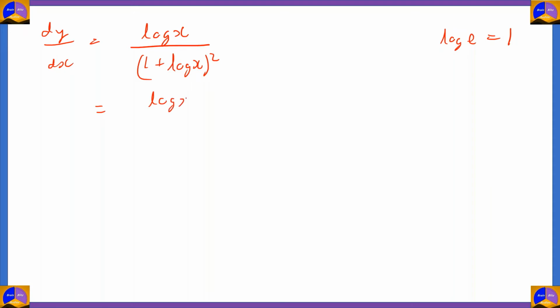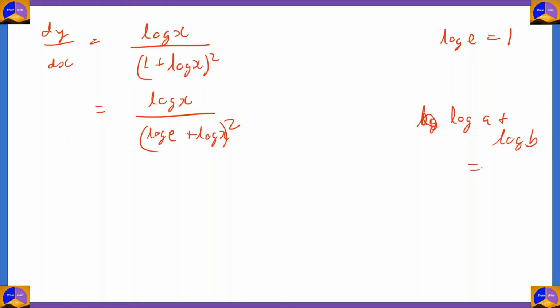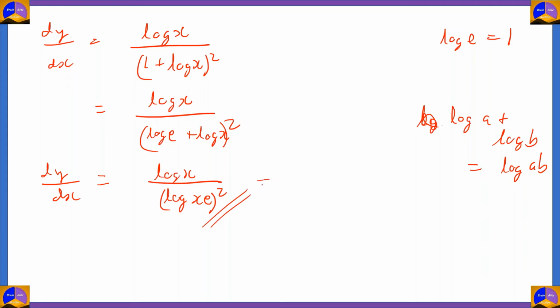So we get log x divided by (log e plus log x) the whole square. And since log a plus log b is equal to log ab, we will get dy by dx as log x divided by (log xe) the whole square. And that is also equal to the RHS. So therefore, we've solved the first question.